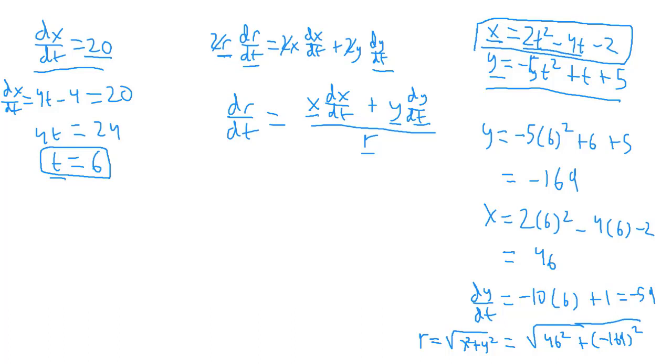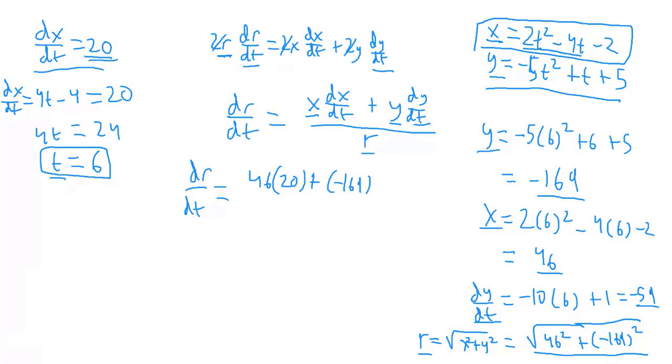So finally, plugging in all of these values we found, we get our final solution of dr/dt equals 46 times dx/dt, which we were already given as 20, so 46 times 20 plus negative 169 times negative 59, over the square root of 46 squared plus negative 169 squared.